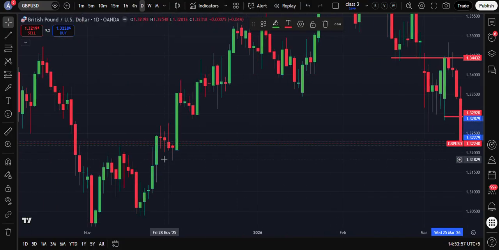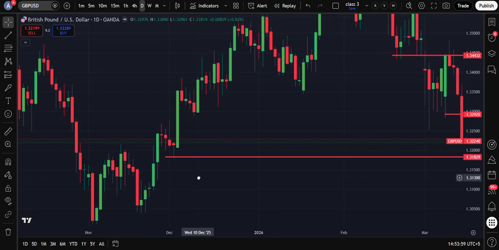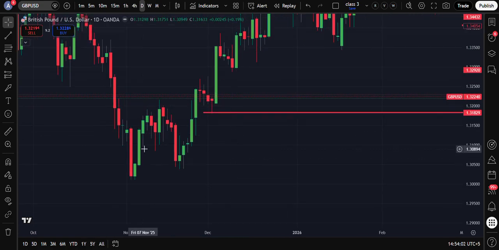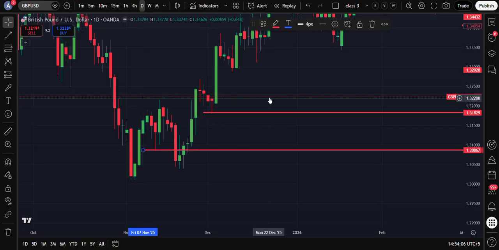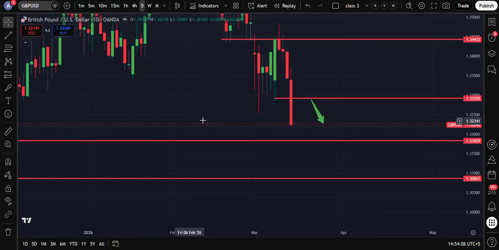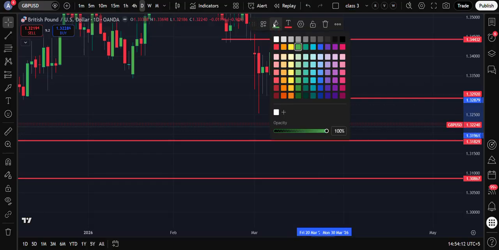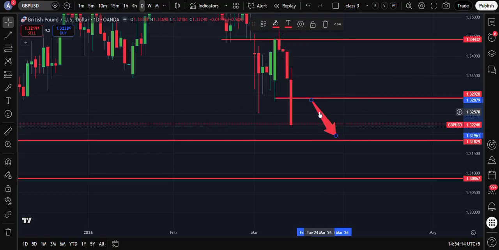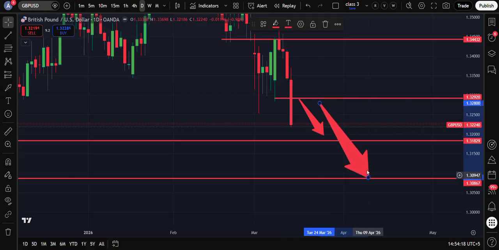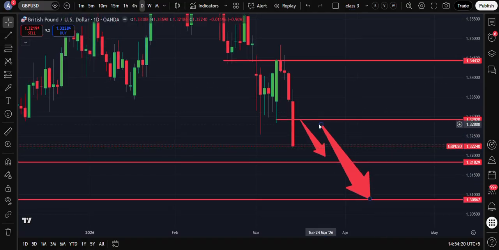My first target will be 1.31829, and my next target would be 1.30867. And if the price breaks below this, we will be going in for a correction.